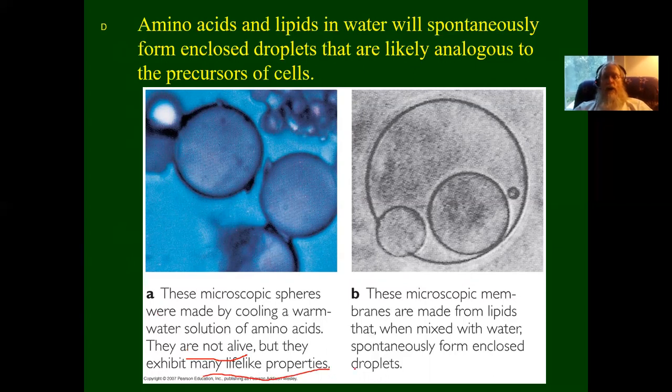What that means is that they can grow by adding to themselves from other amino acids in the environment, and in a sense reproduce. They grow to be big enough, they tend to split into smaller pieces that can continue to grow. So not far enough along where we want to consider it alive, certainly, but obviously a step in the right direction.